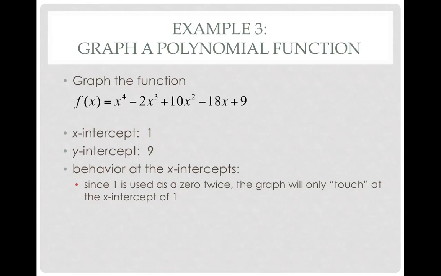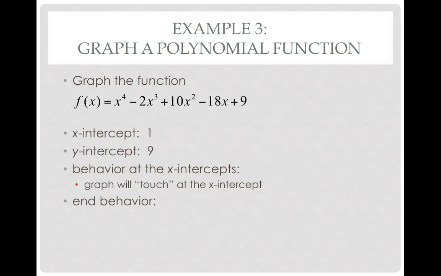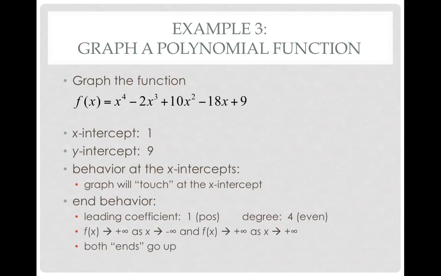So it's going to act more like a quadratic because we use the 1 twice. And then for end behavior, if we take a look at our leading coefficient and our degree, we have a 1 for leading coefficient, which is positive, and a 4 for our degree, which is even. So we would expect both ends of our graph to be going up.